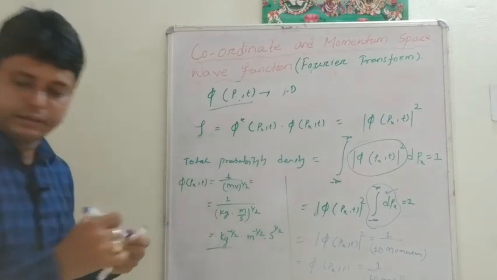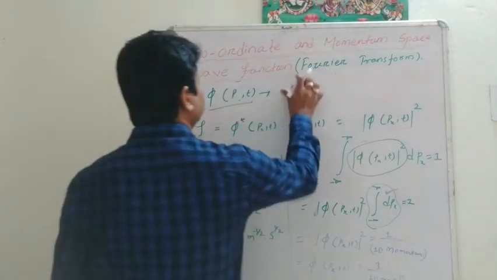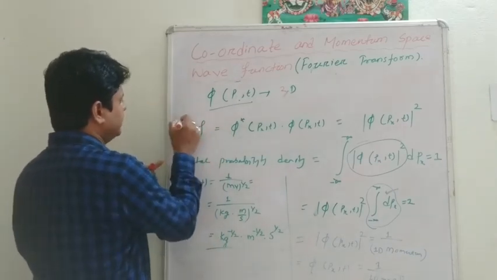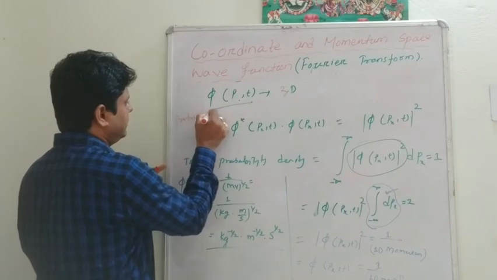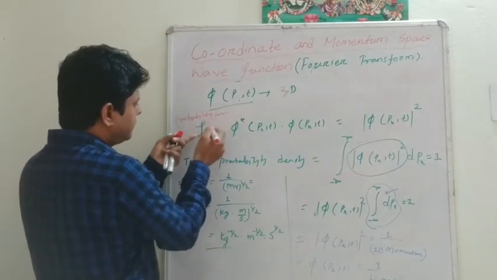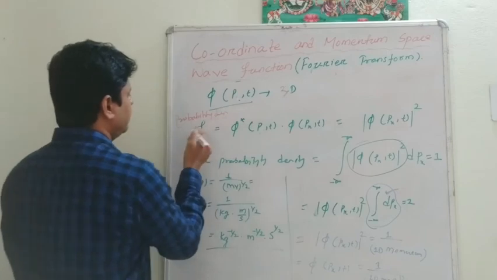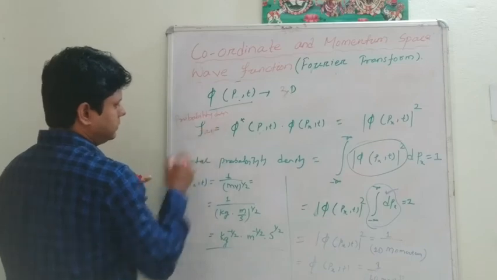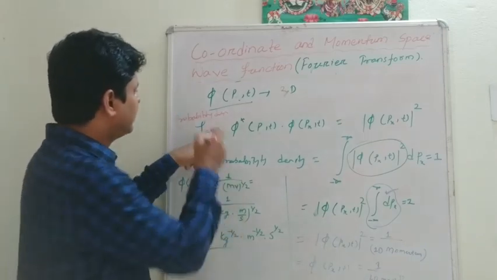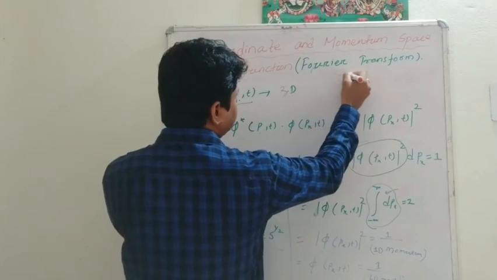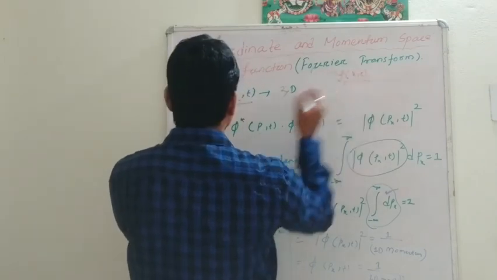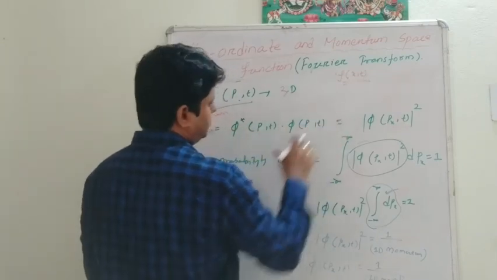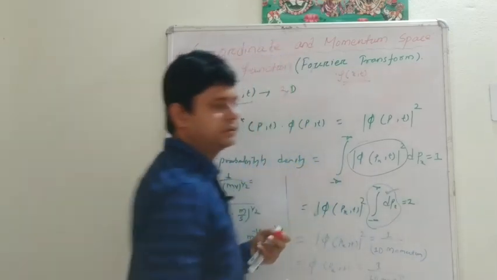The probability density in 3D format will be psi star times psi, where psi is a function of r and t. In the case of 1D, I forgot to write that psi is a function of x and t. For 3 dimensions, psi is a function of r and t.